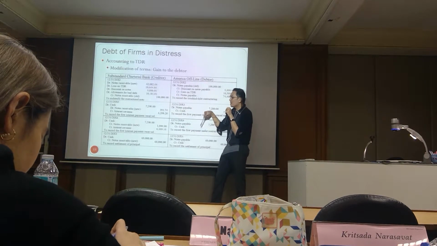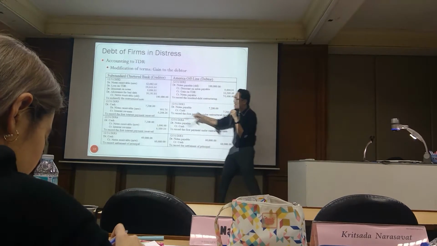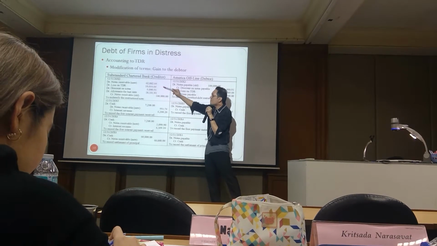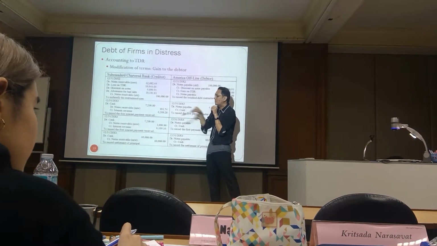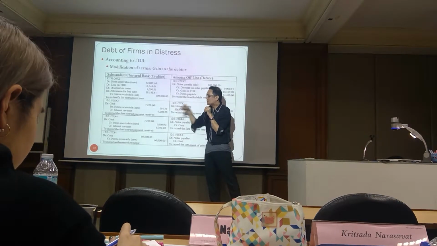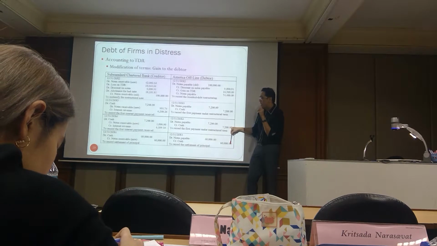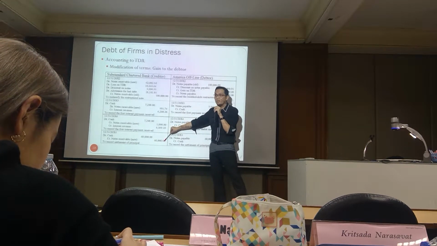Same thing happened for the second period. They pay cash, I got cash. When I got cash, I marked down this another time and record the interest revenue. Finally, when they pay at the principal, I got cash at the principal too.